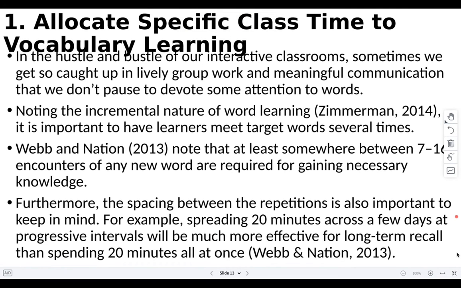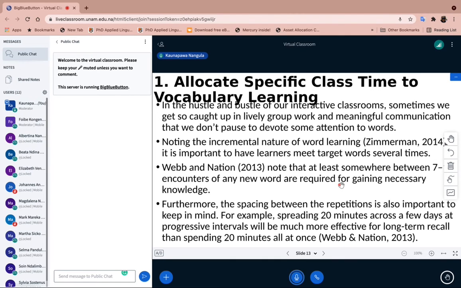Okay, so they need to meet it 7 to 16 times. So we need to give time on the words that we want our learners to learn. They need to encounter it at least 7 to 16 times for them to really understand it and have the knowledge about this word.